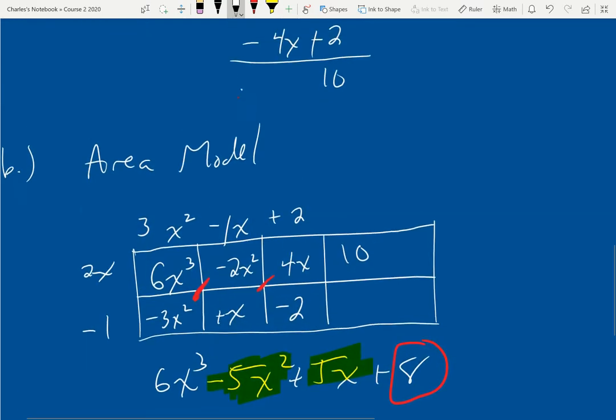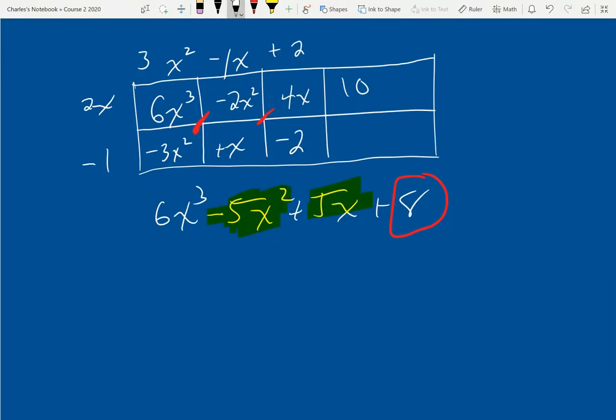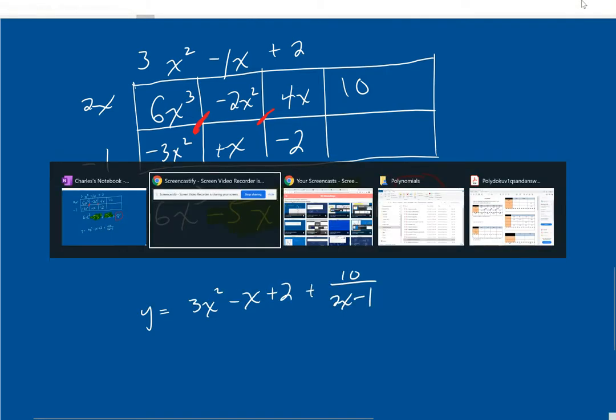Now, I said I wanted to think about what this actually looks like. Let's think about y equals 3x squared minus x plus 2 plus 10 over 2x minus 1.